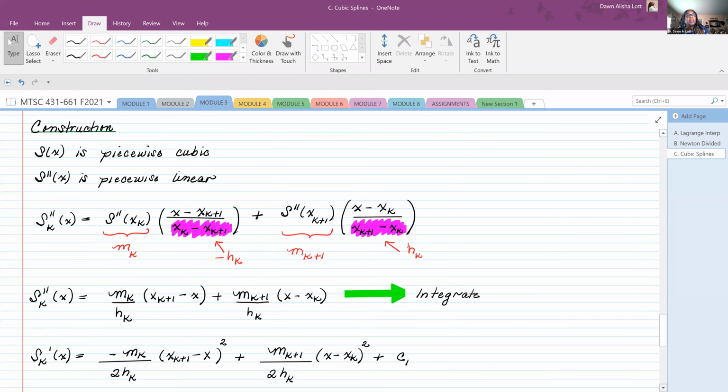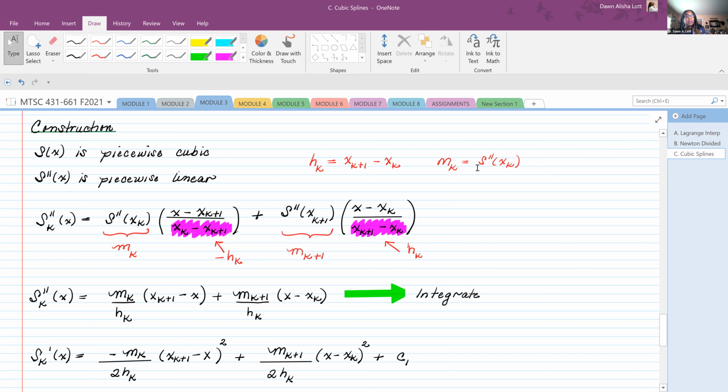So we looked at our splines, and right here, we said that hk is simply xk plus 1 minus xk. So that's how we would be able to define hk. And mk are the slopes. So mk is simply the second derivative of the entire spline at xk.